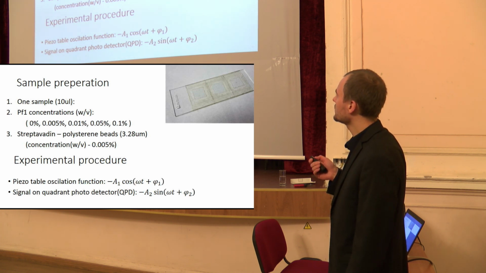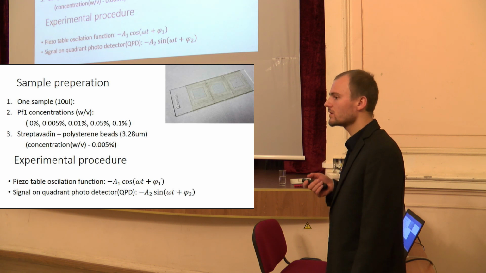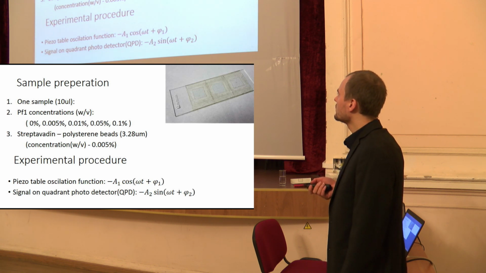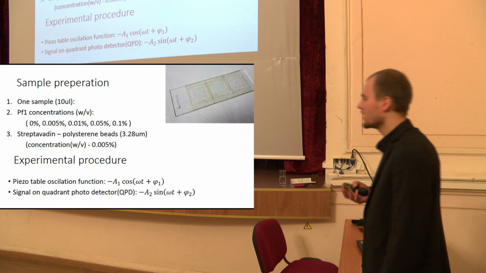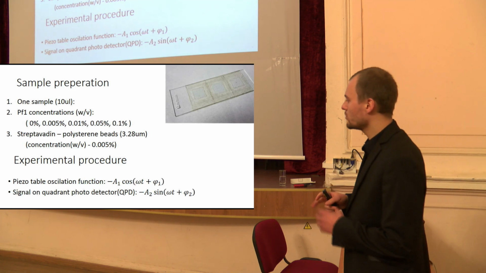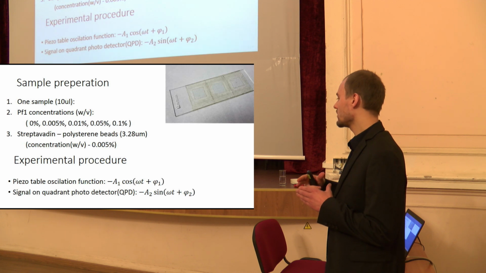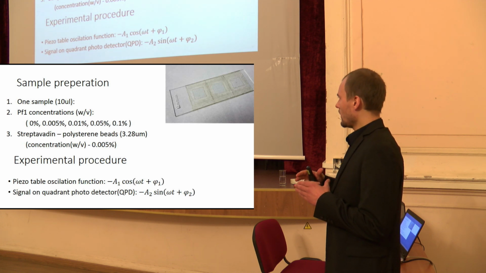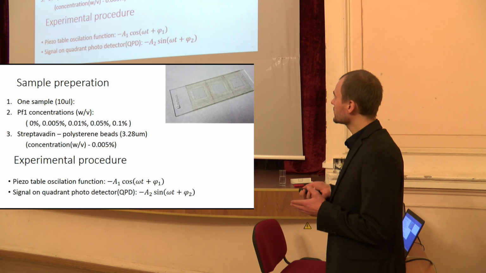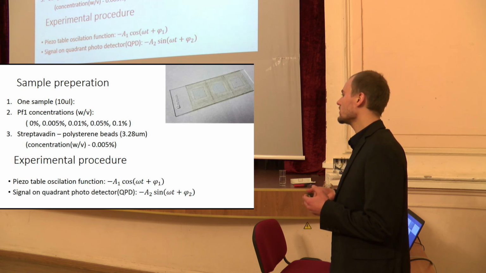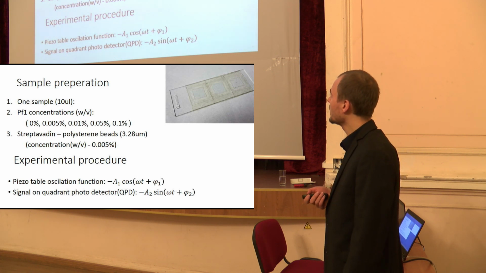The radius of the beads is 3.28 micrometers. And their concentration is enough for a few to be within the angle of view of the microscope, but not too little, so we could find one.